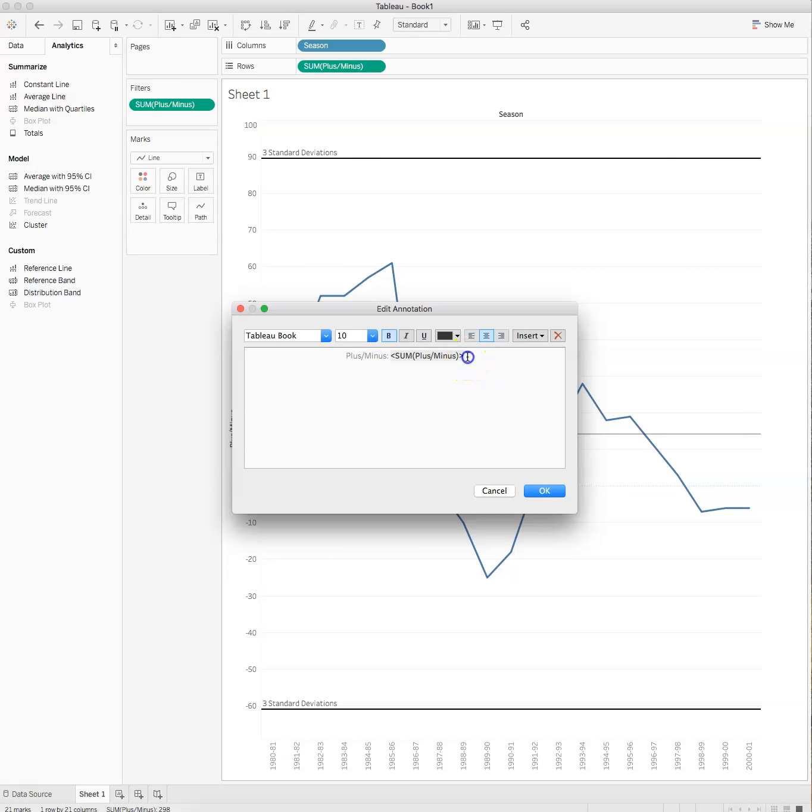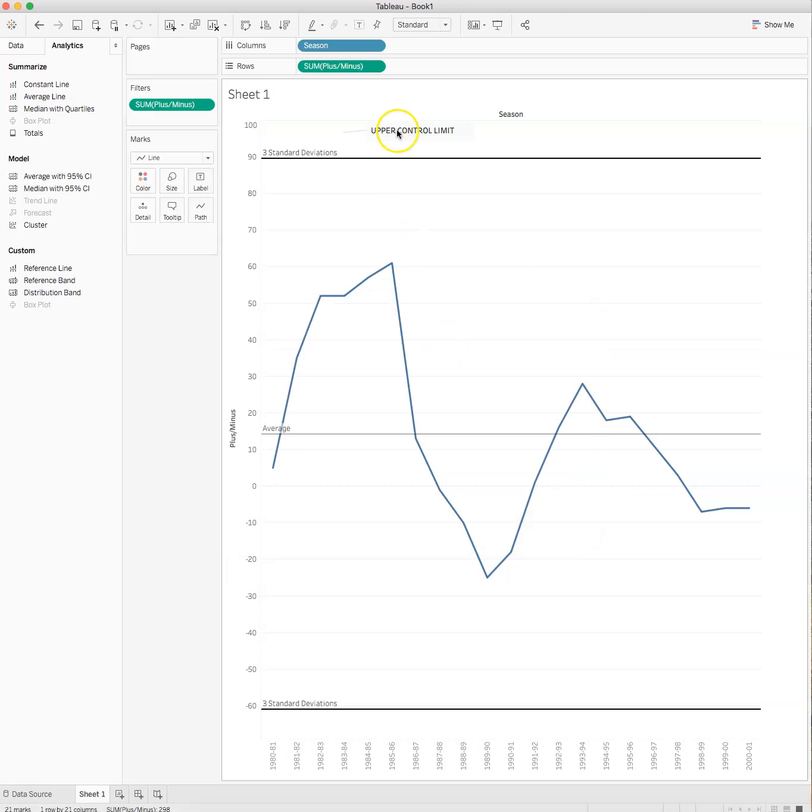And here we will call this the upper control limit. Our UCL. Point is right here.